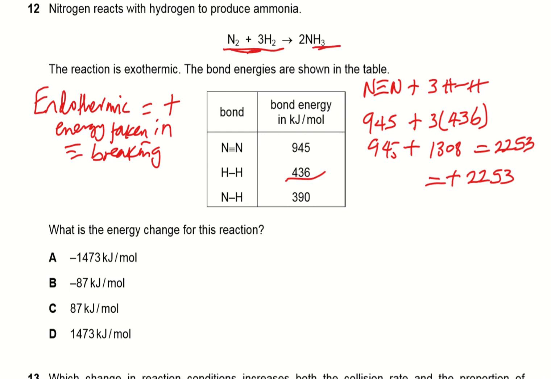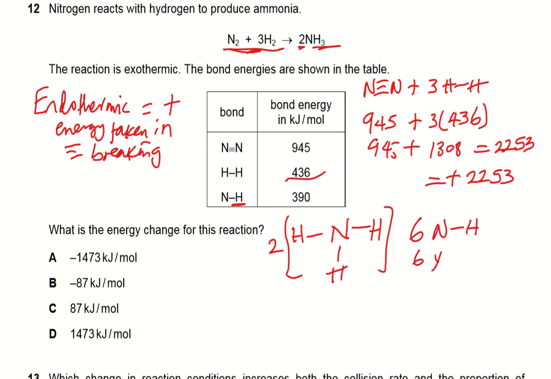Now on the product side, the product formed is ammonia, and ammonia is this. That simply means that per molecule of ammonia, we have 3 N to H bonds, but because we have 2 here, this is multiplied by 2, so I'm going to be having 6 nitrogen to hydrogen bonds.